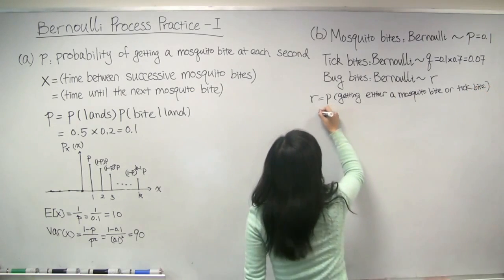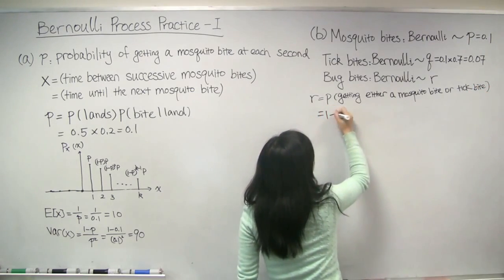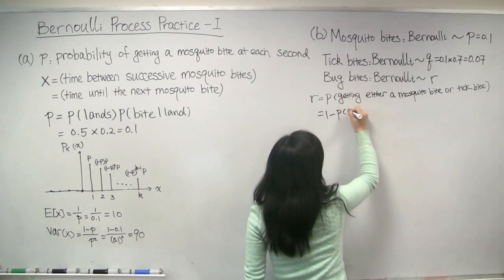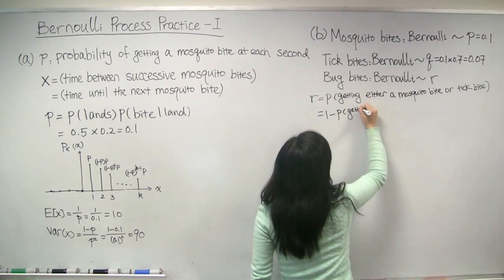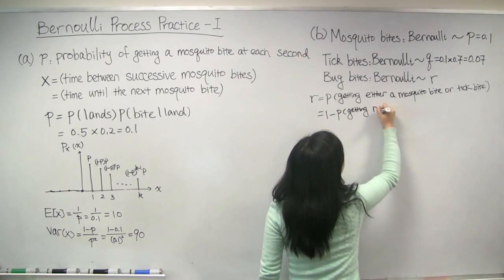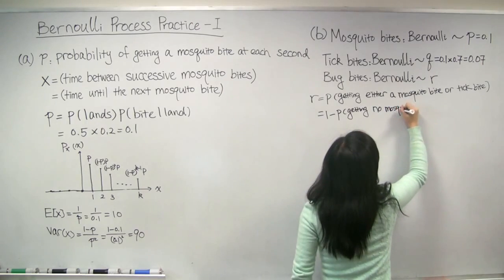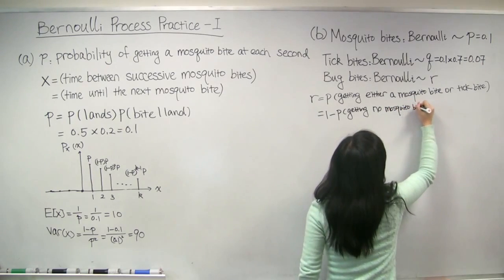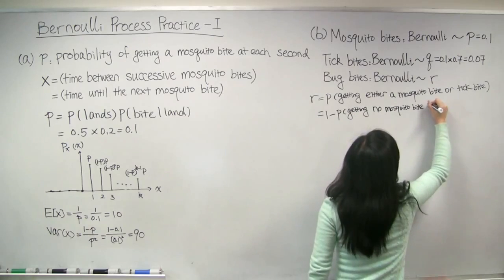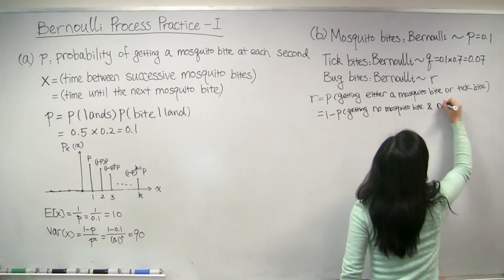And this is equivalent to 1 minus the probability of getting no mosquito bite and no tick bite.